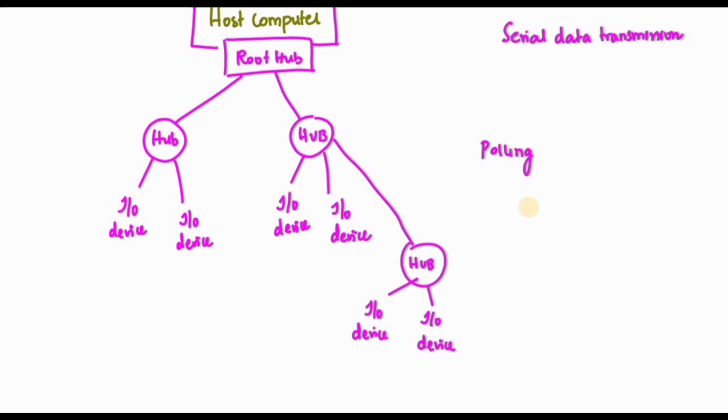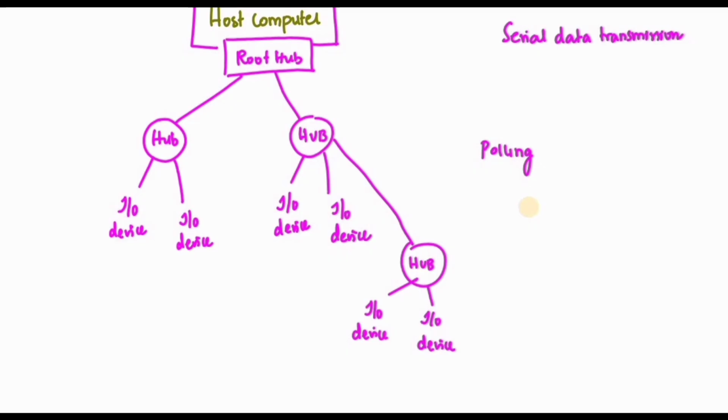Whenever a USB device gets connected to the hub and is powered on, it will be addressed as 0. At the same time, the host will poll each hub to collect the status information and learn about new devices that may be added or disconnected.